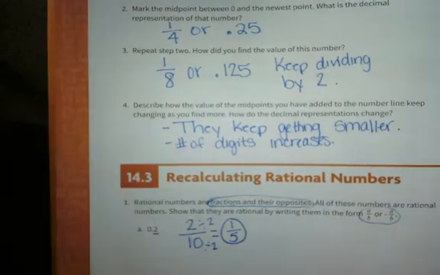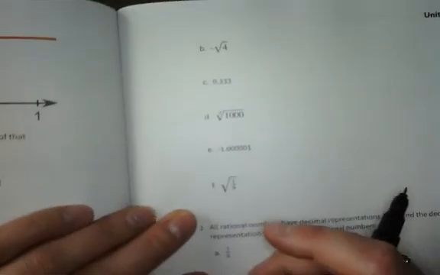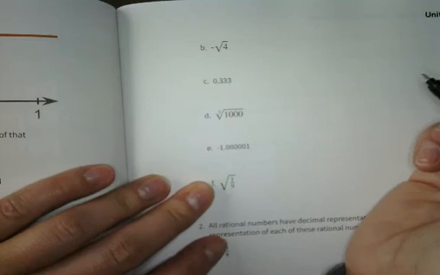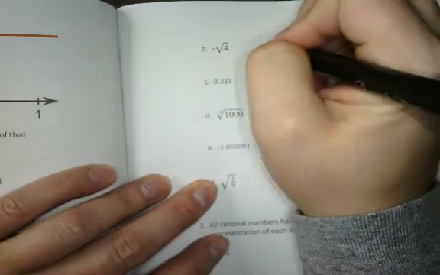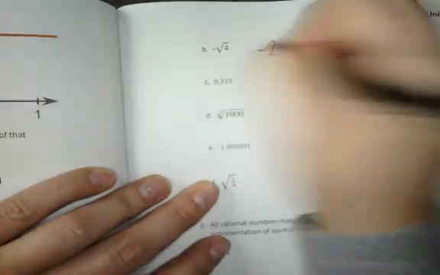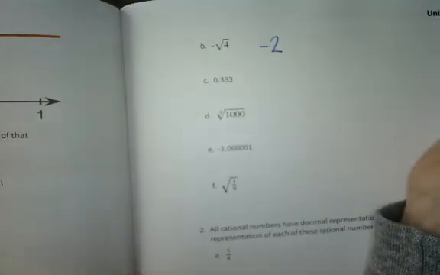Good. Okay, awesome. Let's go to B. All right, so the opposite of the square root of 4. Well, first off, the square root of 4 is 2, and then we carry the negative, -2.